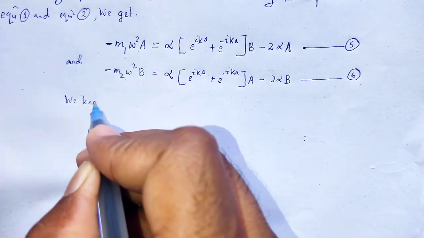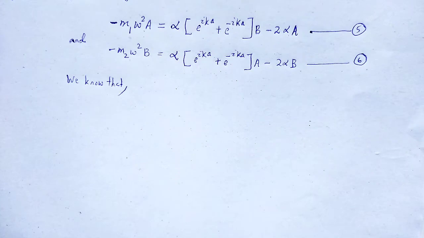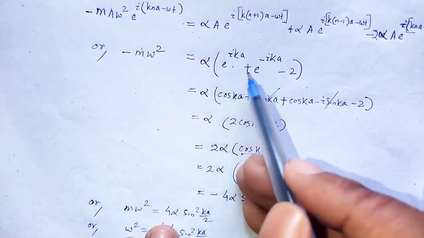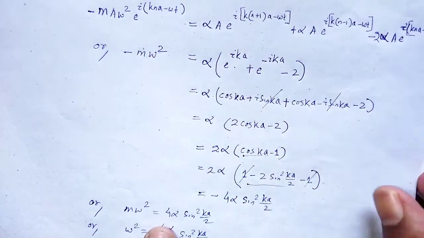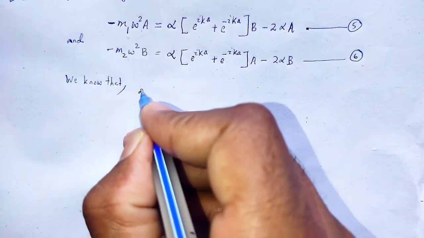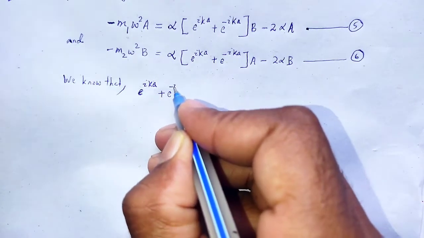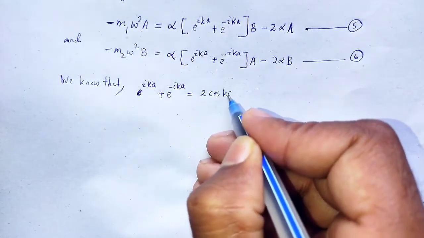And we know that e^(ika) + e^(−ika) is equal to 2 cos ka.